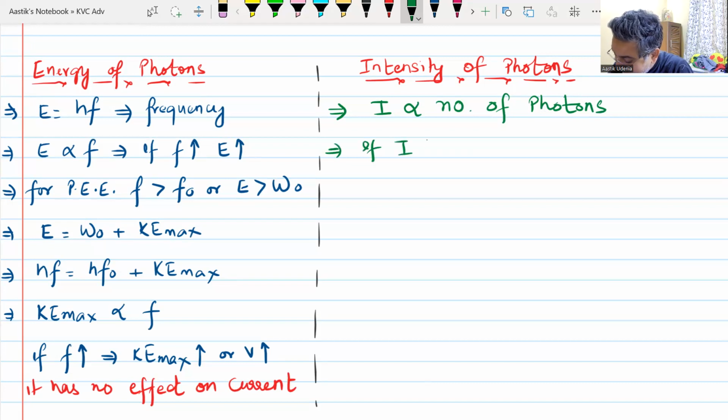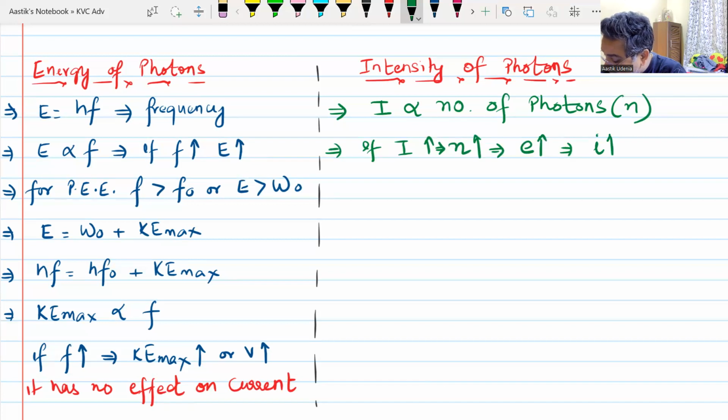If intensity is increased, the number of photons, let me call it as small n, will increase. Yes or no? Yes, sir. If the number of photons increase, then the number of electrons which are emitted will increase. Yes or no? Yes, sir. Or it will increase the photoelectric current, but that is only possible when the frequency is greater than F naught. Do we understand what I'm saying?